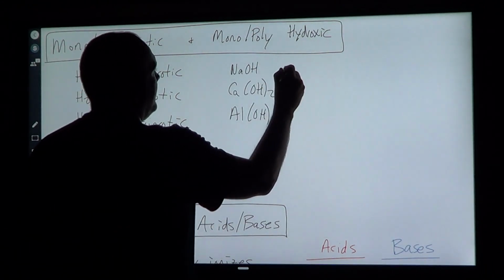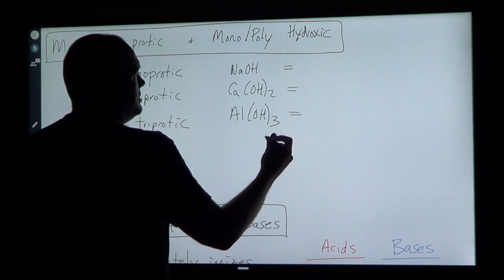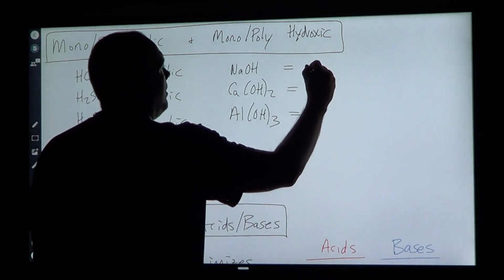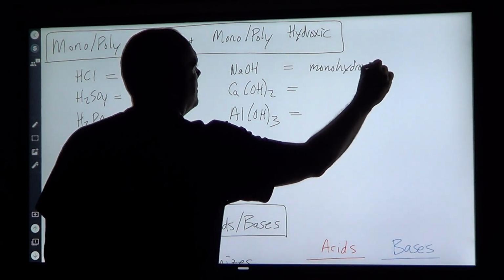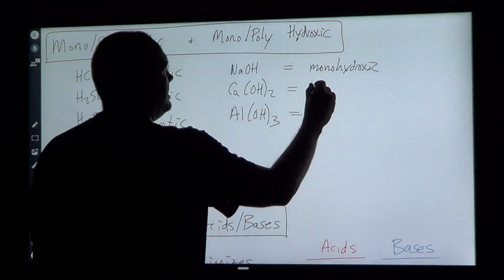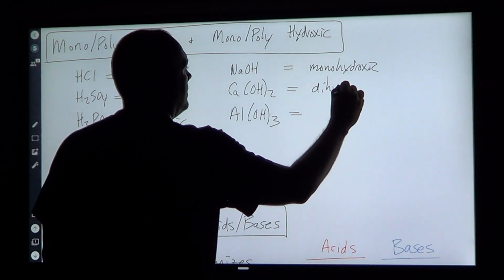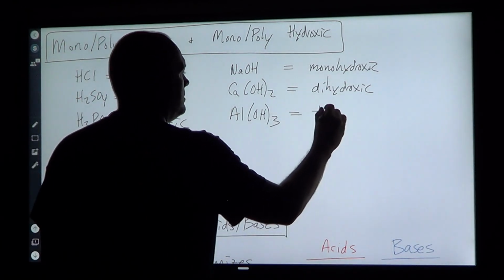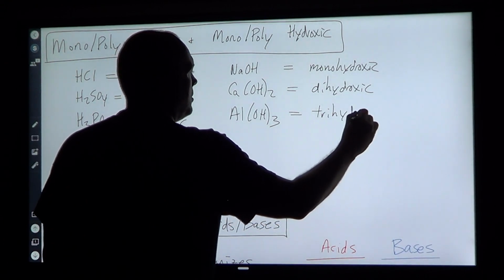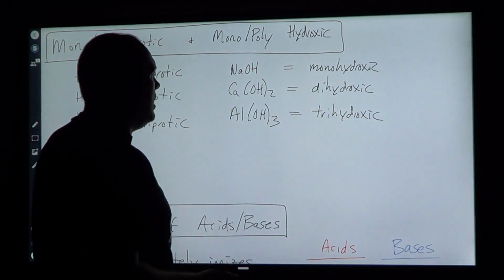The bases, it's the same way. Okay? So this sodium hydroxide is monohydroxic. Calcium hydroxide is dihydroxic. And aluminum hydroxide is trihydroxic.